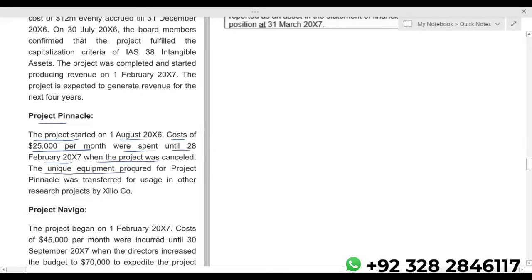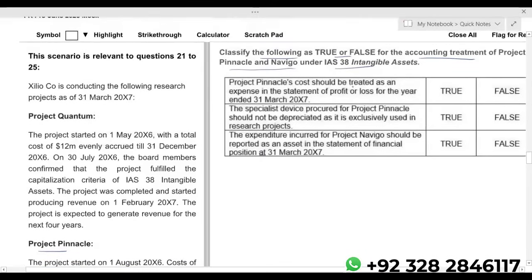The unique equipment procured for Project Pinnacle was transferred for usage in another research project by Exilo. That's okay. But whatever amount you have spent on research will actually be expensed out. Let's see. Project Pinnacle cost should be treated as an expense in the statement of P&L. That's true.